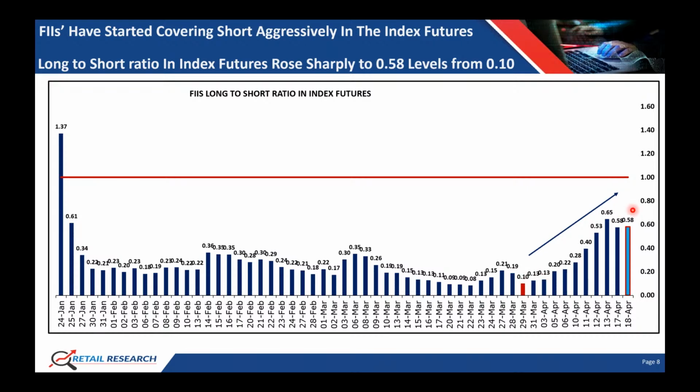Now they are at about 60% short and only 40% long. Still, net they are short, and after a couple of days of sideways movement, once the market breaks the higher levels as we indicated, this short covering may continue in the market.